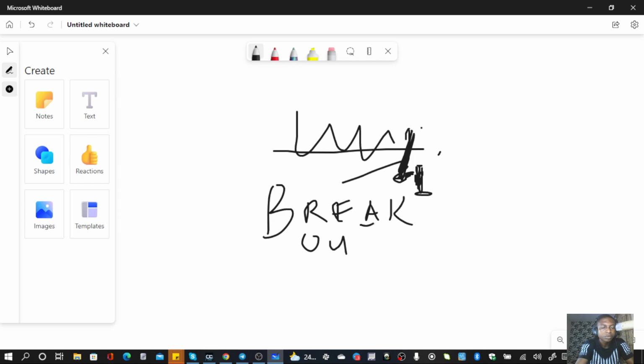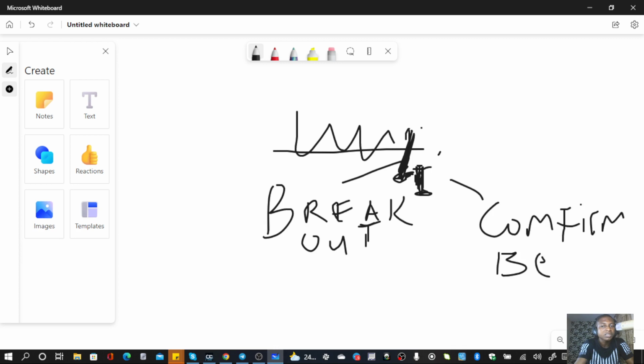Then we'll wait for another candle to open and close below the breakout candle for us to confirm that the market is in a bear market, like there is bear momentum coming in.